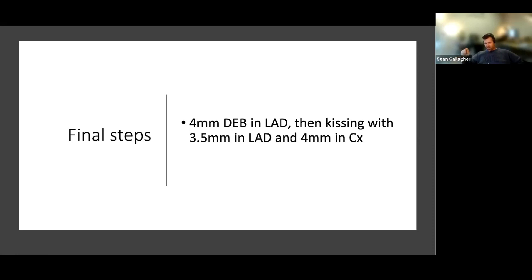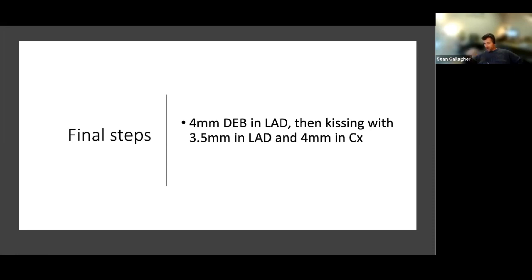So I will optimize with NC balloons to circumflex first, back into the left main and pot the left main. I'll then optimize the LAD back into the left main. And then at that point, it's a relatively low pressure kissing balloon optimization with semi-compliant balloons.